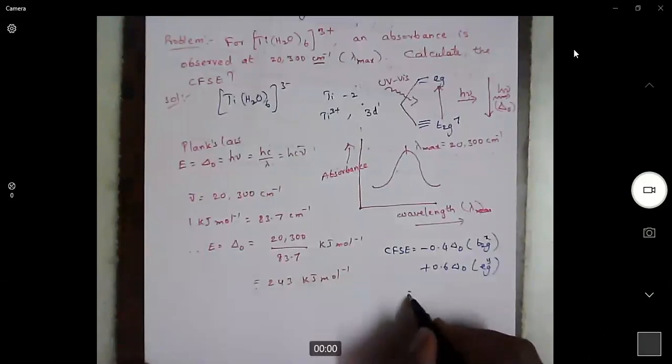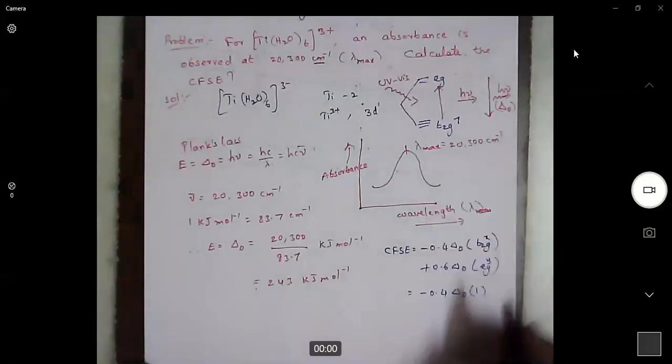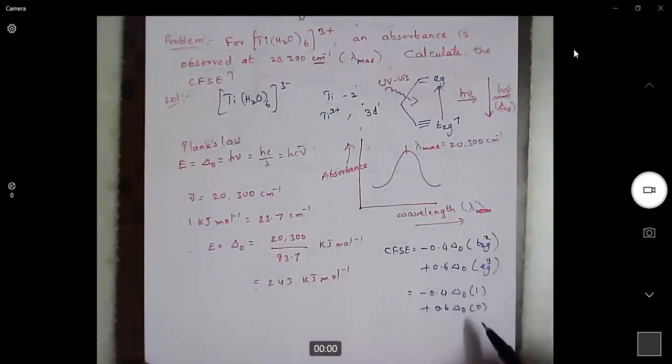We can substitute that delta naught: 0.4 delta naught into 1 electron in the t2g level plus 0.6 delta naught into 0 electrons in the eg level. So CFSE is minus 0.4 delta naught. What is the delta naught value? Into 243 kilojoules per mole.